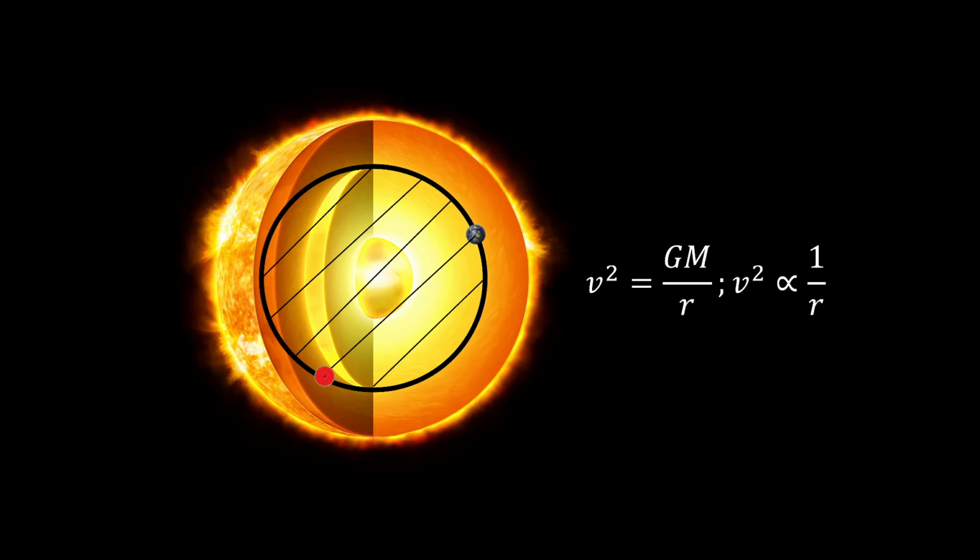So what governs the speed of the planet orbiting inside the sun? The answer is, of course, that this formula, v squared equals GM over r, v squared proportional to 1 over r, still applies. G does not change. G is still the universal gravitational constant. However, the mass M becomes the only mass that will be relevant for a planet orbiting inside the sun, and that would be the mass enclosed within the planet's orbit.